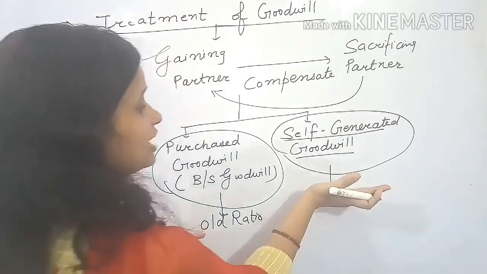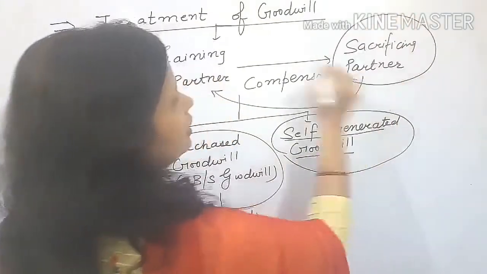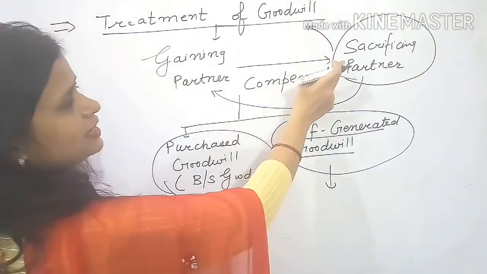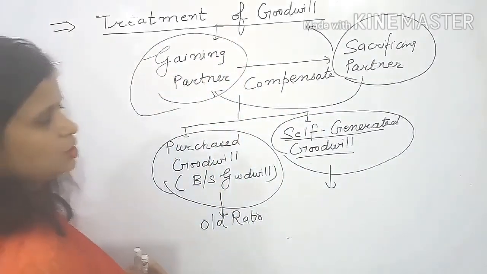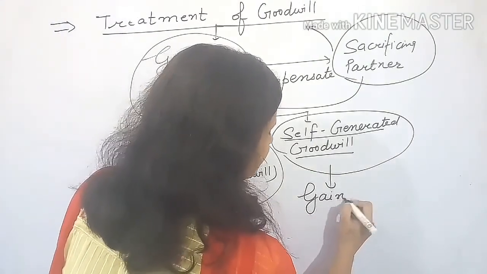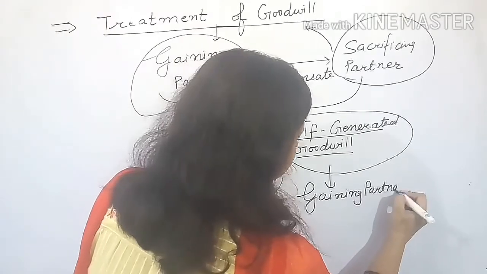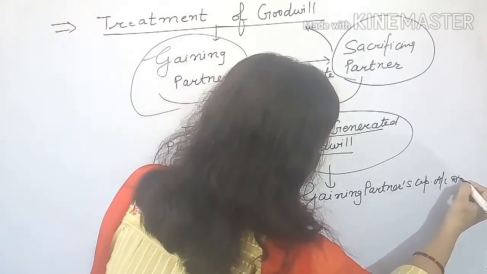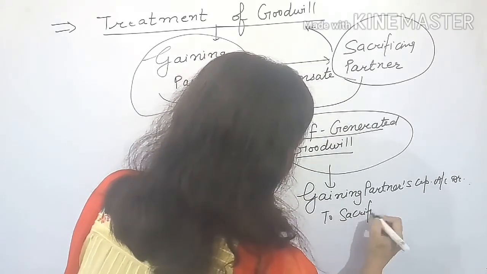So, whatever sacrifice is being done by the sacrificing partner in respect of goodwill, he will get a compensation from the gaining partner. So, here your entry will be gaining partner's capital account debit to sacrificing partner's capital account.